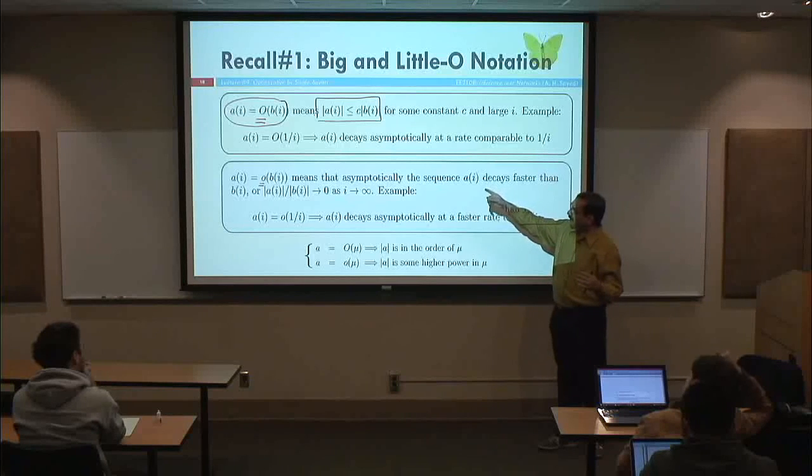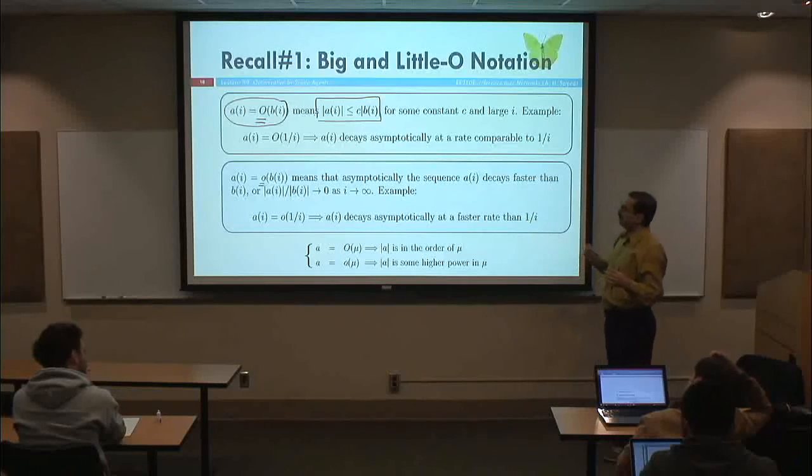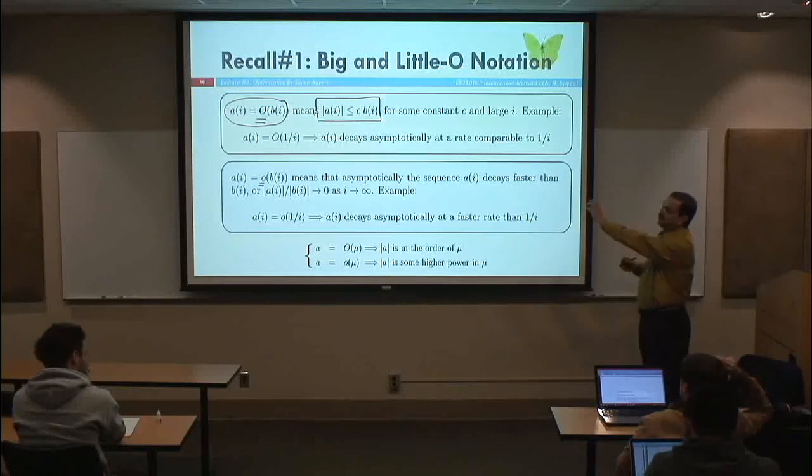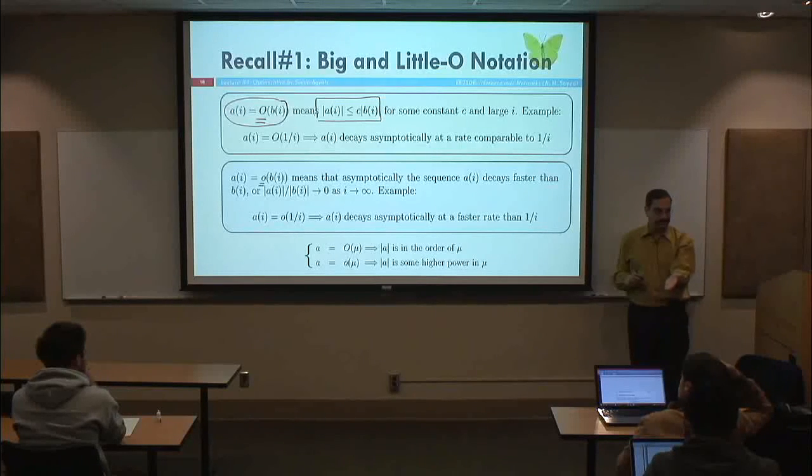So when you see A is big O of 1 over I, it means that A is comparable to 1 over I, behaving and going down to 0 at that rate.